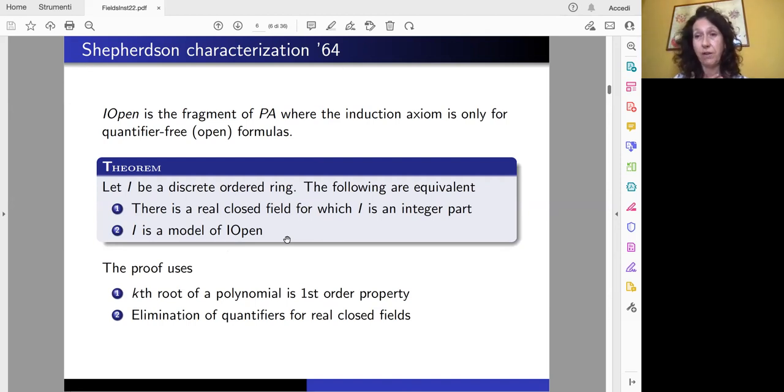This is due to Shepherdson and goes back to the 60s. The proof uses elimination of quantifiers for real closed fields, and also that we can first-order define the kth root of a polynomial.